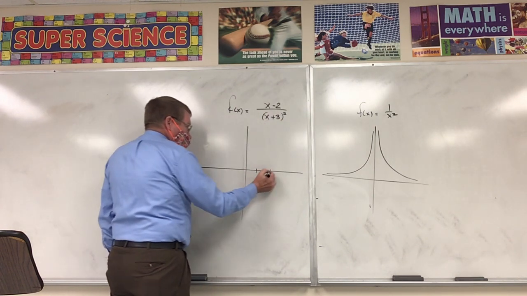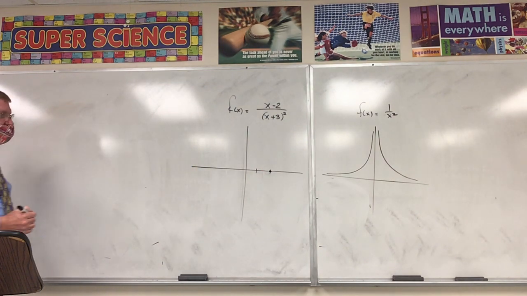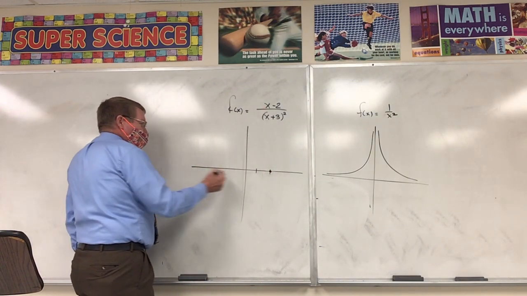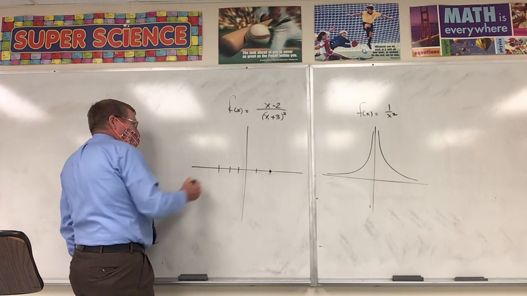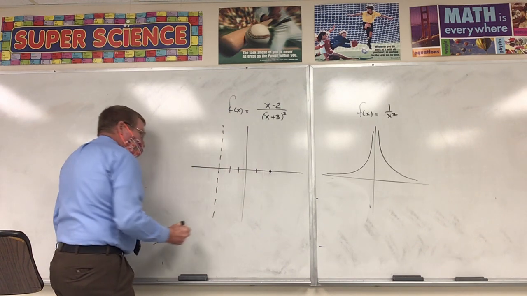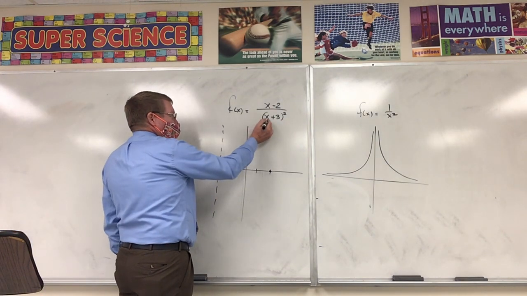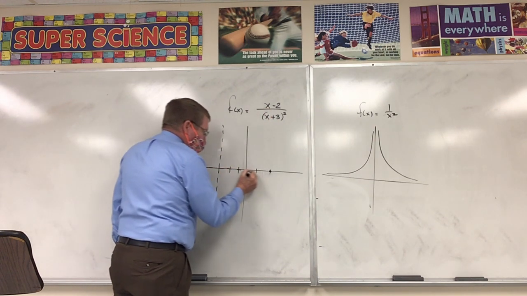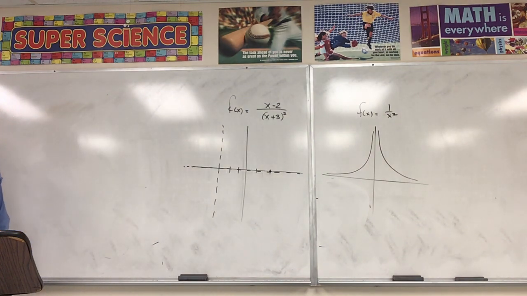At 2. Right? Are you with us? Come on, stay with us. At 2, I have a zero. I have a vertical asymptote at negative 3. And I have a horizontal asymptote at 0, because this is x squared and this is x, that's 1 over x. So I have a horizontal asymptote at 0, but I will cross at the 2.